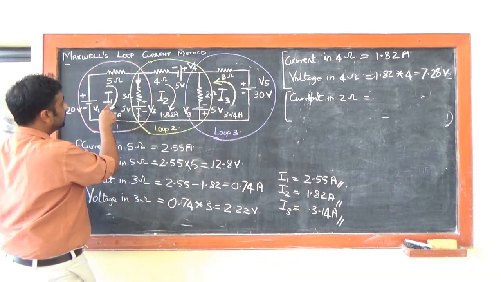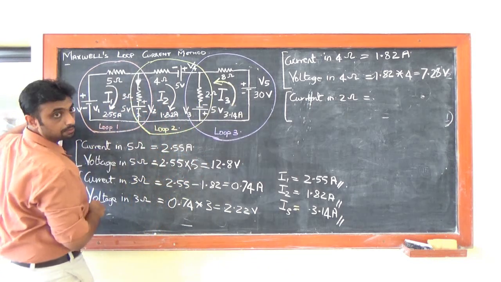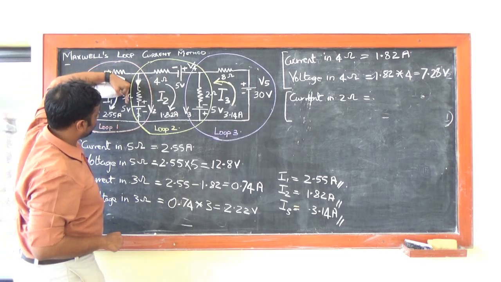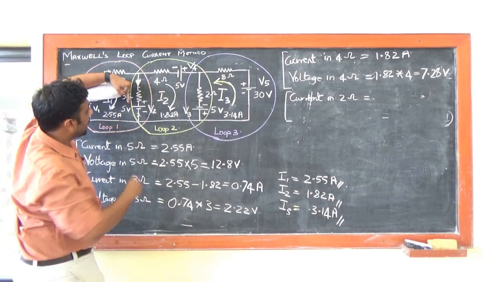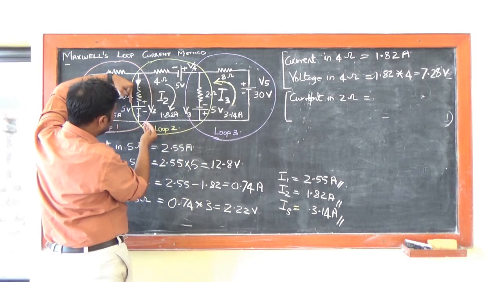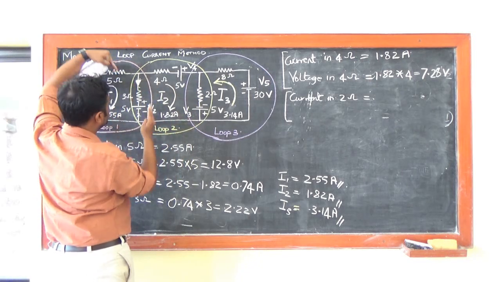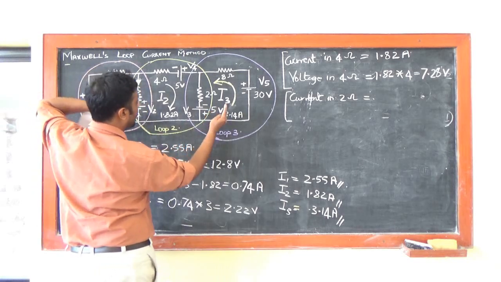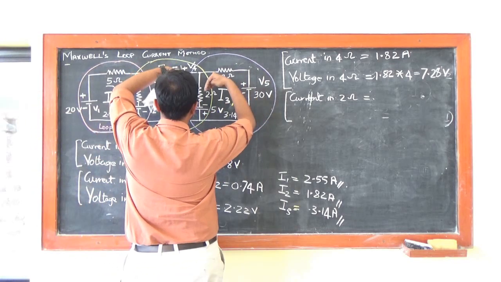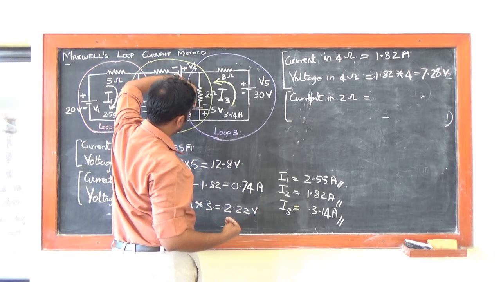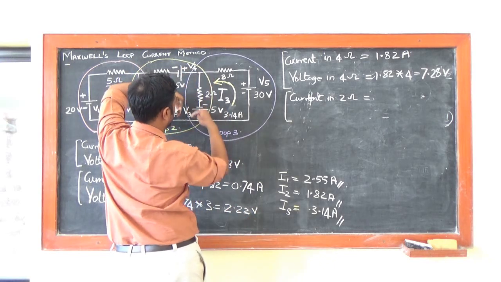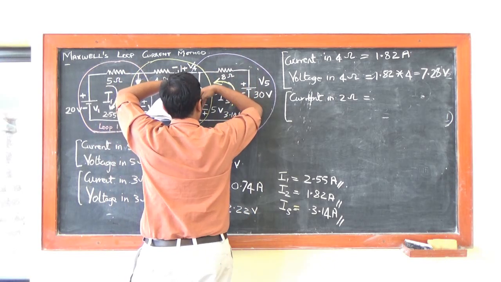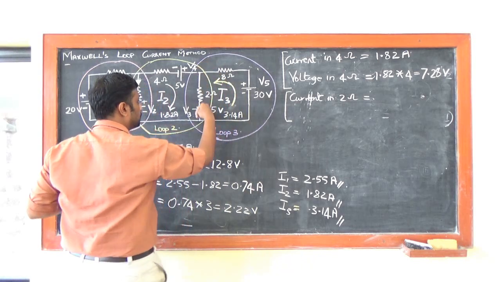Here, when we had to find the current in the 3 ohms resistor, I1 was flowing from top to down and I2 was flowing from down to top, so it was I1 minus I2. But here we have an addition. I2 is flowing from top to down, and I3 is also flowing from top to down.